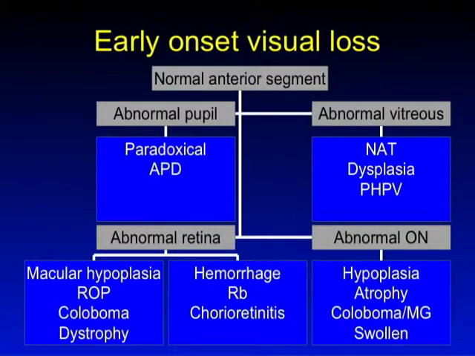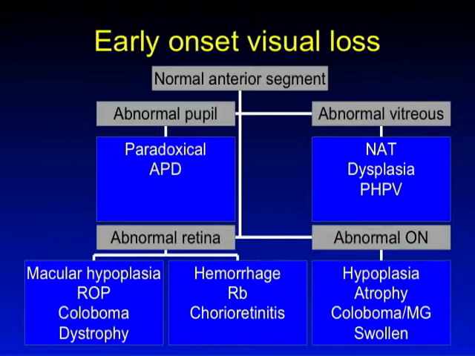If the anterior segment is normal, and I use these diagrams through my lecture, so probably will help us a little bit more to follow the whole idea. We check the pupil. Of course, an afferent pupillary defect will probably point towards the optic nerve, and a paradoxical pupil will give us the idea that maybe the problem is the retina. If the pupils are normal, then we look at the retina and we try to find out if the problem is a retinopathy.